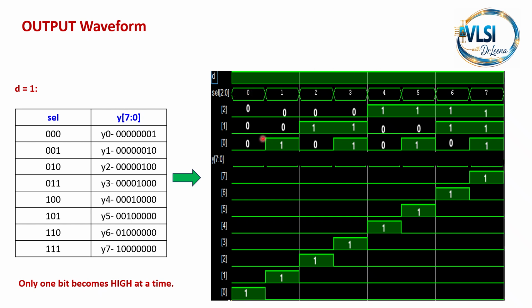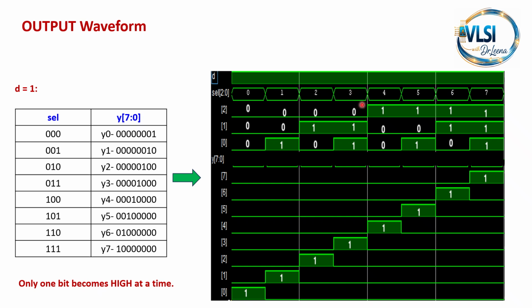Then these are all the sel inputs. So in sel we are giving 0, 0, 0, look at this. It selects Y0 in the output. And when sel is 0, 0, 1, it selects Y1 in the output. And when sel is 0, 1, 0, it selects Y2.